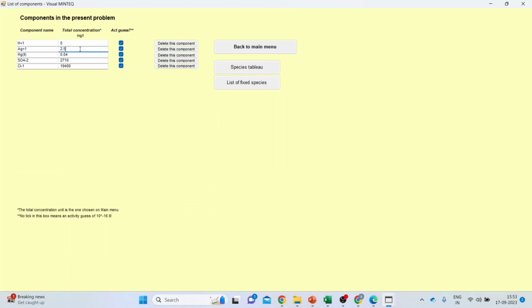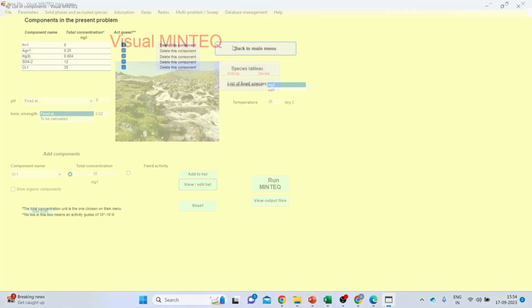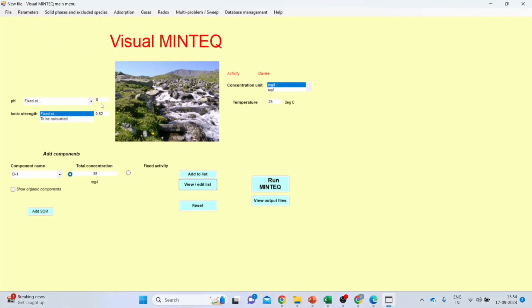So Ag plus is 0.25, Hg plus is 0.04, sulfate is 12 milligrams per liter, okay, and chloride is 35 milligrams per liter. Let's go back. The pH is fixed at 8 and ionic strength has reduced to 0.01.